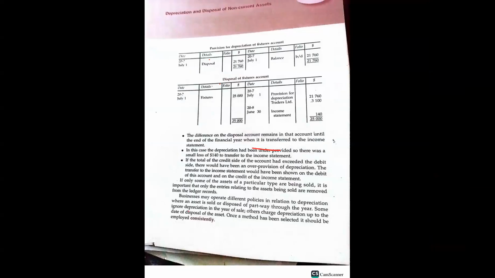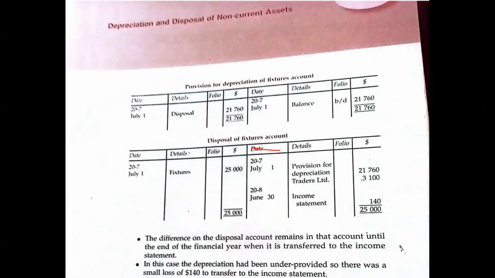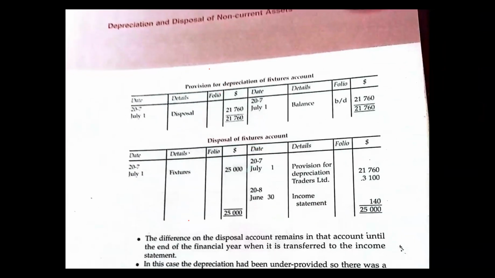So let's have the provision for depreciation. You remember now we have got the total balance for the provision for depreciation, and we have the total amount at which you have sold the asset. The provision for depreciation at the beginning of the year was the one that you brought down from the previous period.